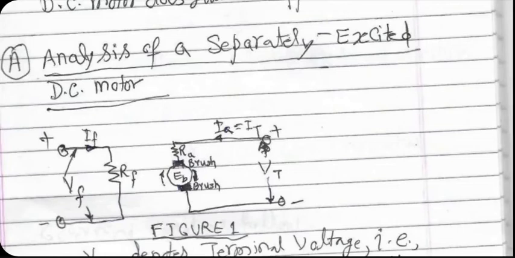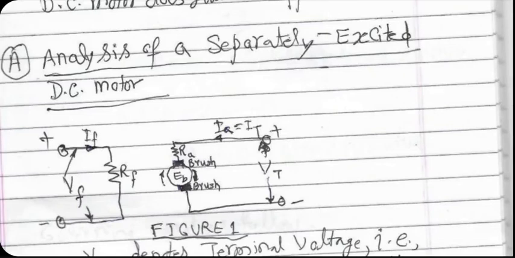Now, as far as the armature goes, you are applying DC voltage from the outside, and that will start the rotation of the armature. The output is now a rotary mechanical power. Input is a DC electrical power. So VT, I'm deliberately calling it VT because it is the terminal voltage that you are supplying to the motor to make it run.